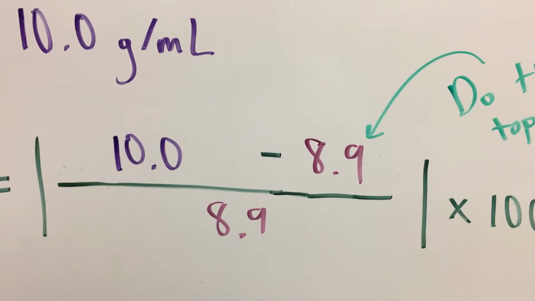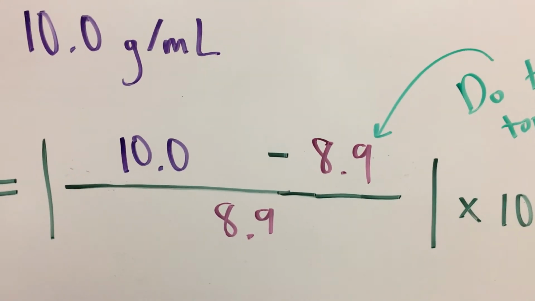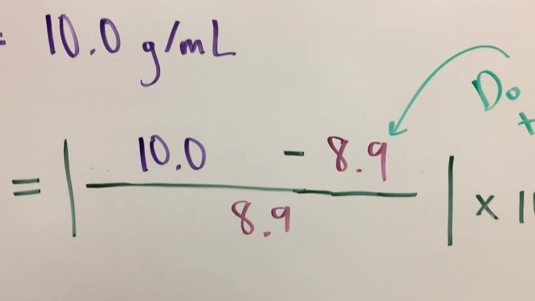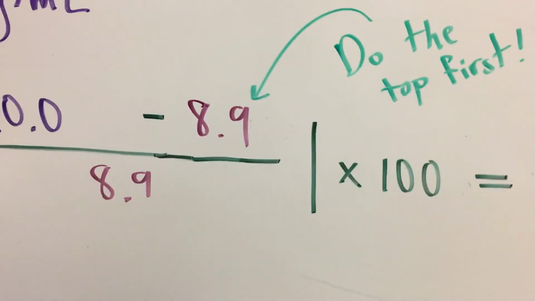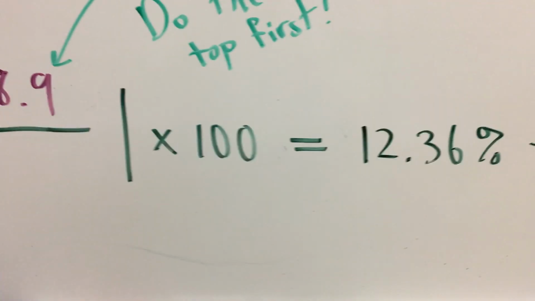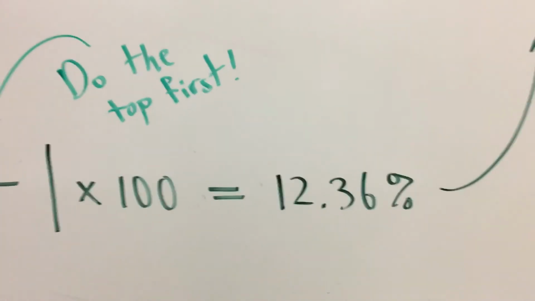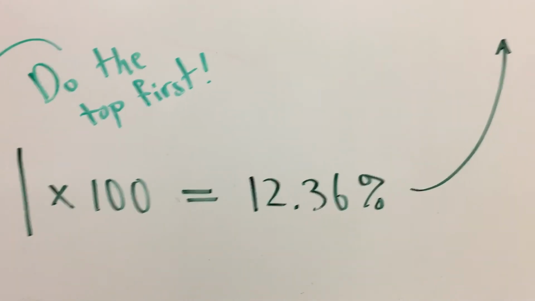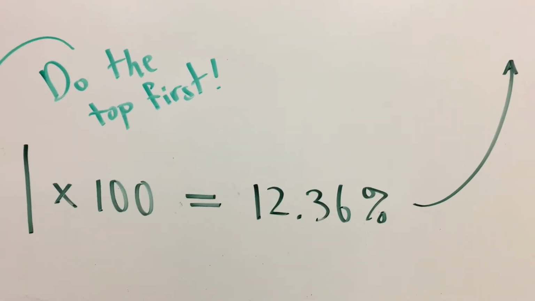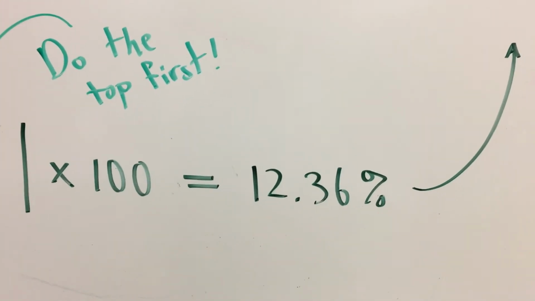Once I plug in my experimental and my actual values, I take 10 minus 8.9, then divide by 8.9, times 100, and I get 12.36. So I was about 12.36% off of what I expected, which for this lab is not too bad. Just because we try really hard doesn't necessarily mean we're going to get accurate results.